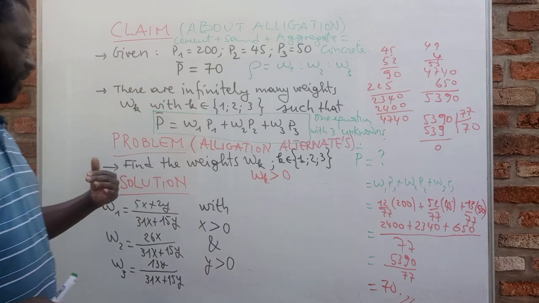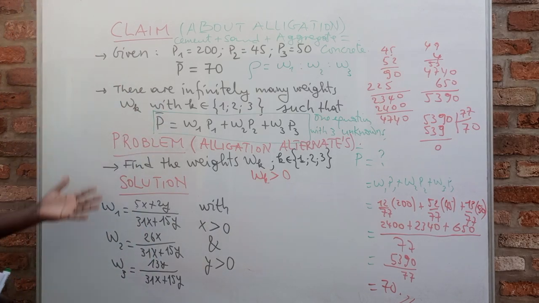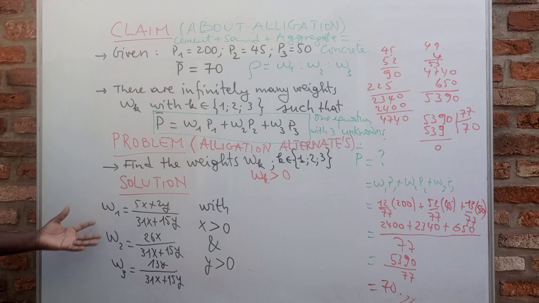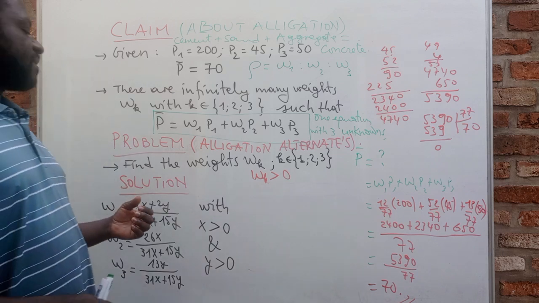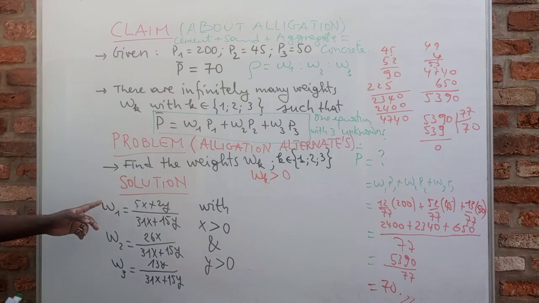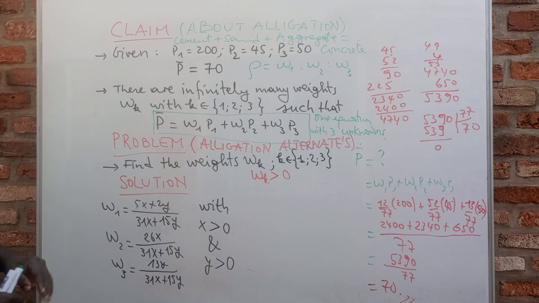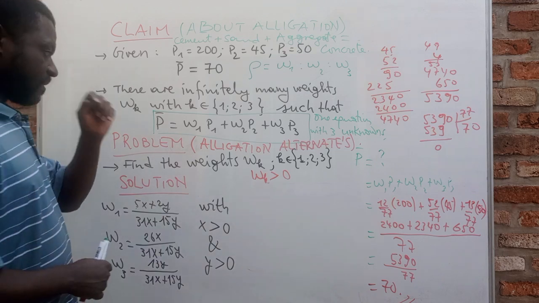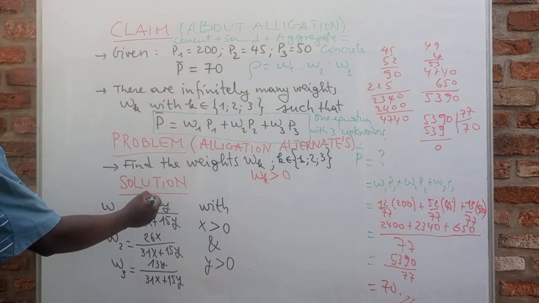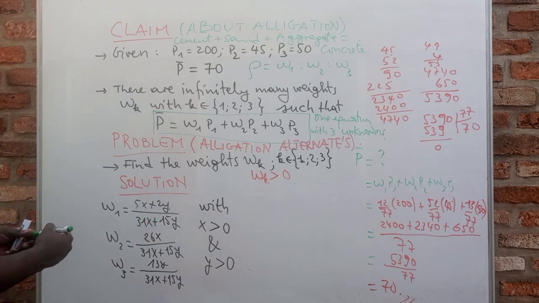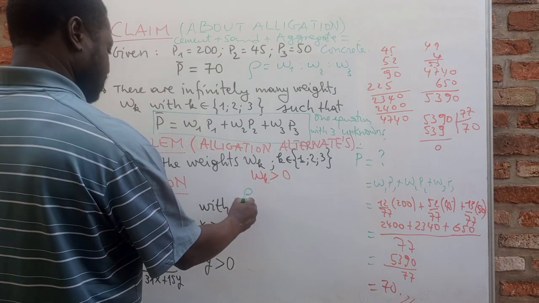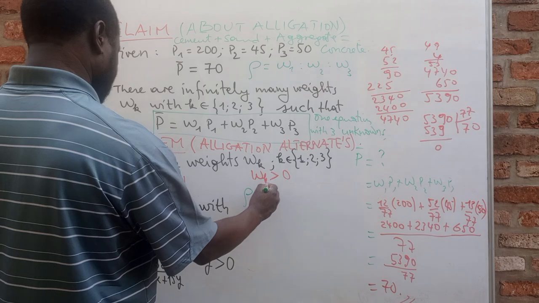Now we are looking for ratios. Those ratios are given by the weights, so the ratio is just the ratio of omega 1 over omega 2, omega 2 over omega 3. So these will give you the ratios.